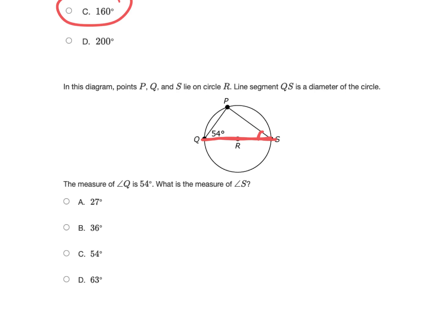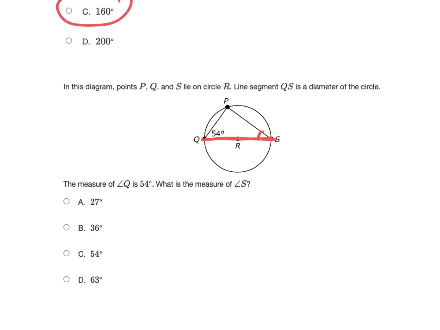We could find the measure of this arc if we needed to, but we don't, because it's not asking for the measure of the arc, but actually the measure of angle S.